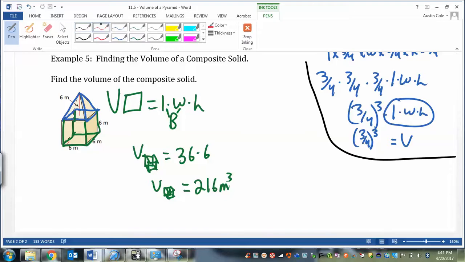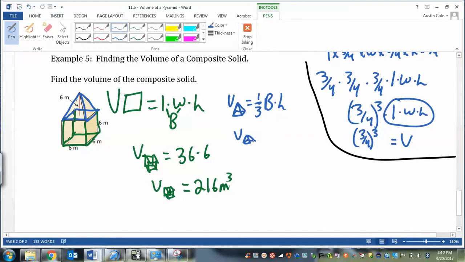All right, now we need to find the volume of the pyramid. That's going to be 1/3, remember our formula, 1/3 area of the base times the height. Our area of the base is going to be the same, it's still going to be 6 times 6. So the volume of the pyramid is going to be 1/3, 6 times 6, which is 36, and then times our height.